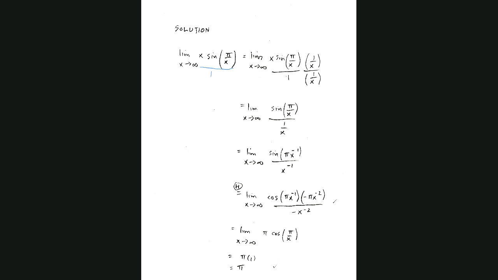So I'll rewrite this limit by multiplying by 1 over x over 1 over x, which is equal to 1: 1 over x times the numerator, 1 over x times the denominator. That gives me this expression here.